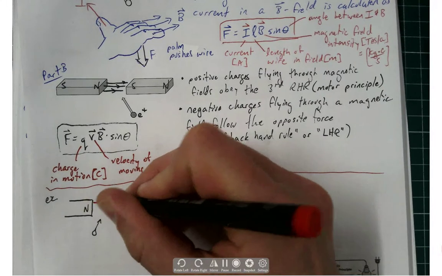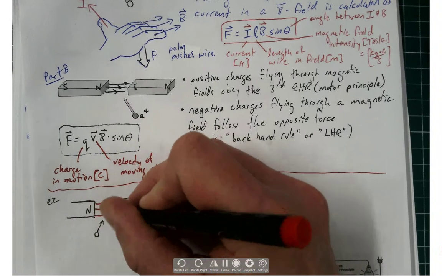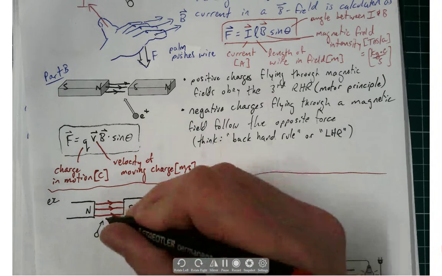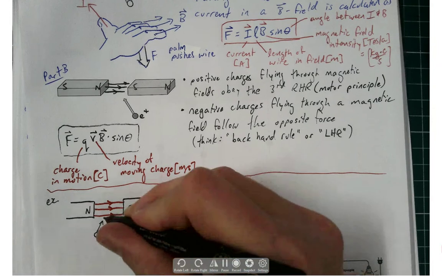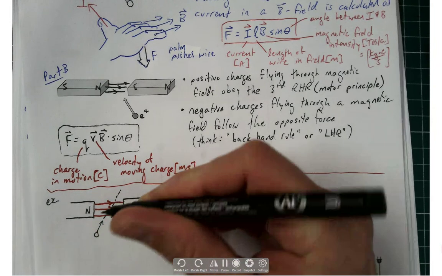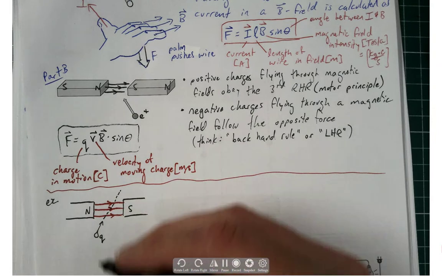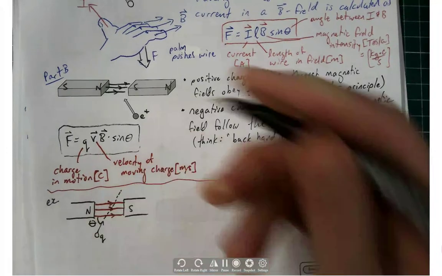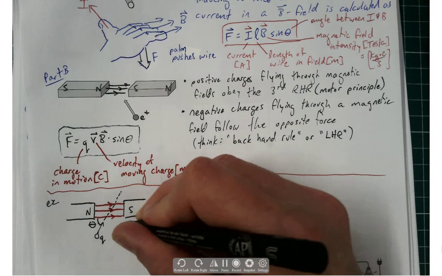And remember, magnetic fields always orient from north to south. So we've got that field orientation there. I'm going to suggest that this Q, I'll draw a dotted line along its path. This charge, Q, label it, flies along a path like that, such that the angle between that path and the magnetic field is theta. Okay, so we've got a charge that's flying through, and we can call this an overhead view.